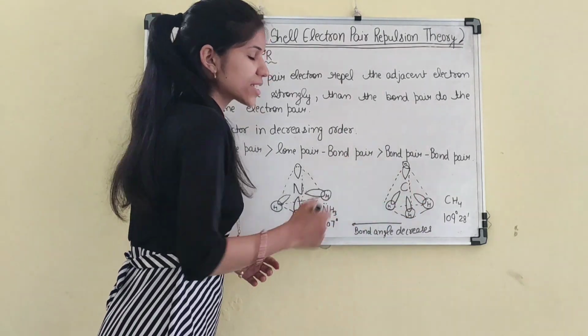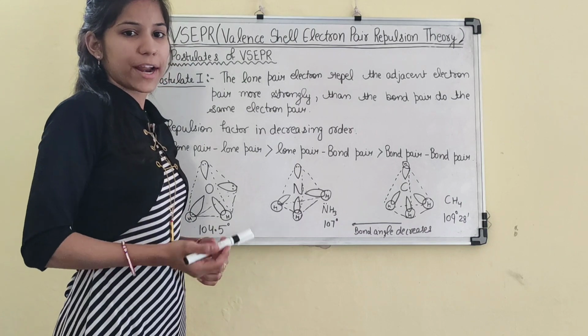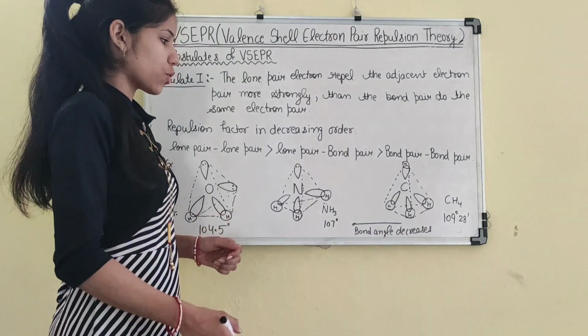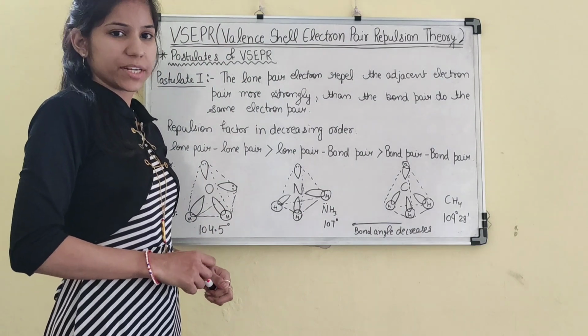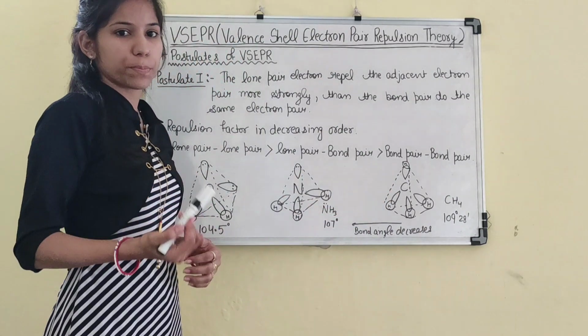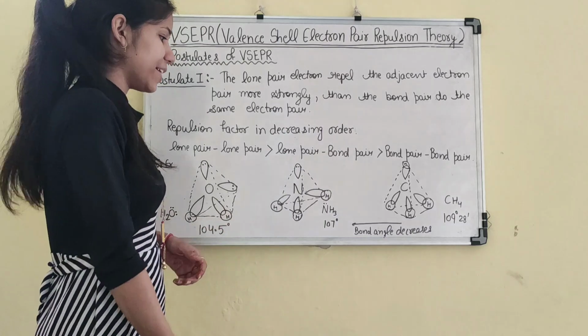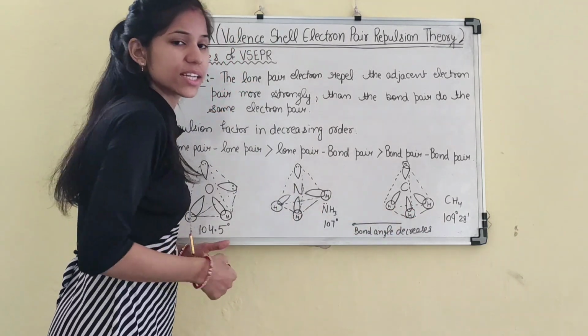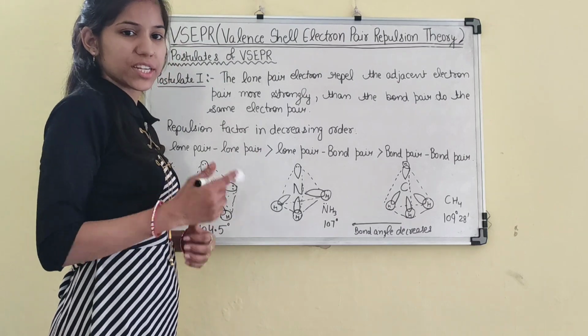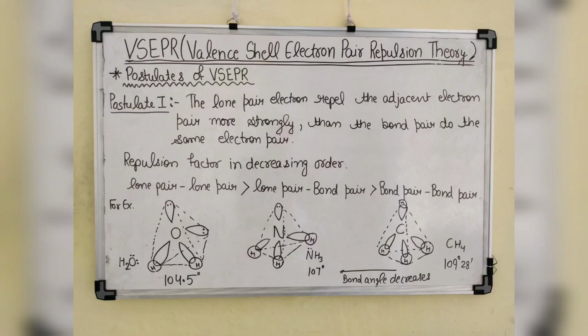And in CH4, there are 4 hydrogen atoms attached. So, the bond angle will be 109 degrees 28 minutes because only bond pairs are present. In this direction, bond angle decreases and repulsion increases.